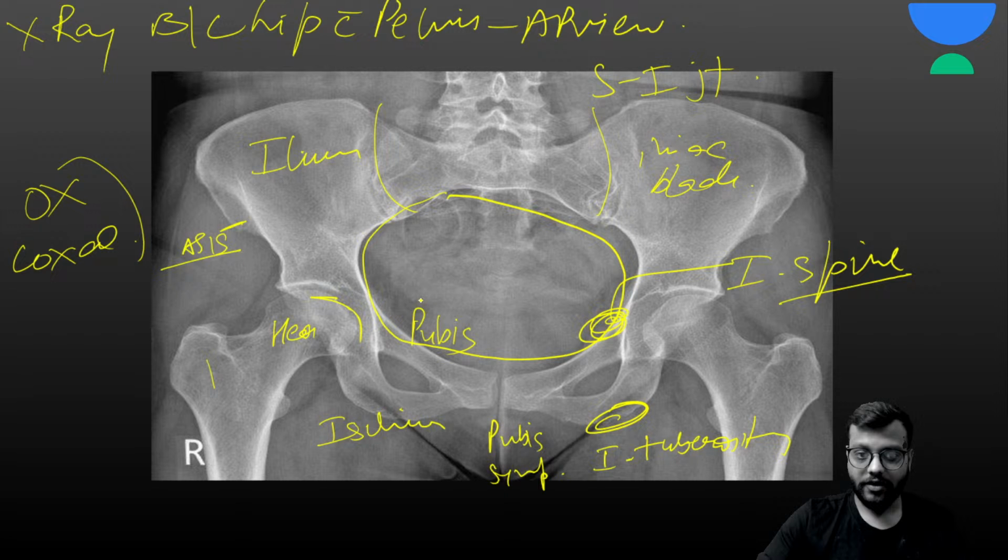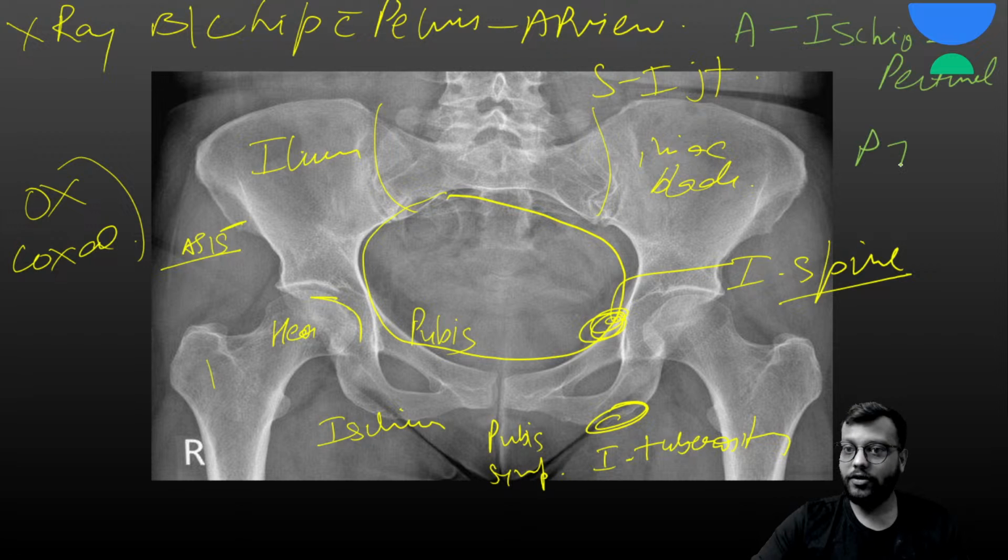Okay, and here is your acetabulum, and the acetabulum also has 2 columns, the anterior column and the posterior column. The anterior column is the iliopectineal line, not ischiopectineal, iliopectineal line, and the posterior column is your ilioischial line.